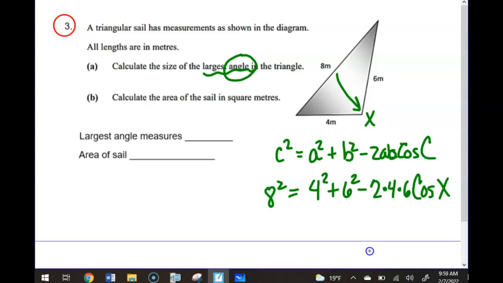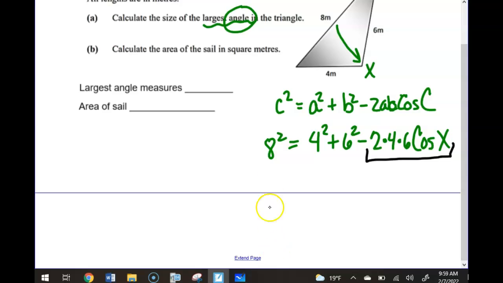Okay, does anybody remember how this goes? Because what you cannot do is type all of this in, remember? Because this is glued together. So my suggestion is that we subtract the 4 squared and the 6 squared over to the other side. So I'm going to type 8 squared minus 4 squared minus 6 squared.